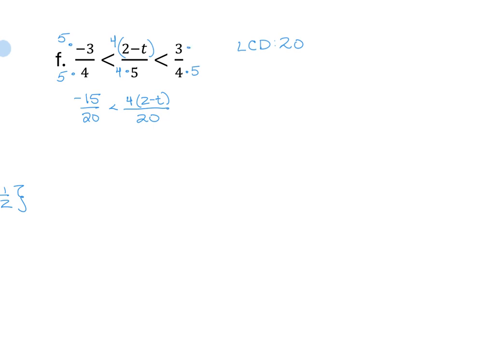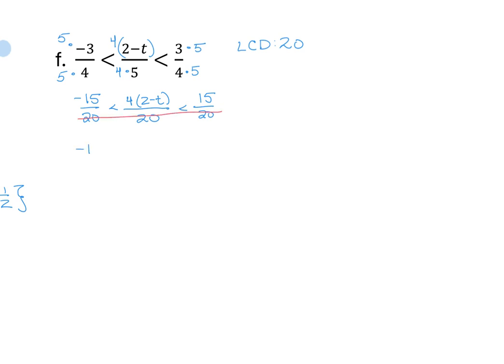We're going to do the same thing on the top. And so we get that this is less than 15 over 20. We did not multiply anything by a negative, and so we don't have to flip any of our inequalities. All right, and then the next step we have is we can cancel our denominators.